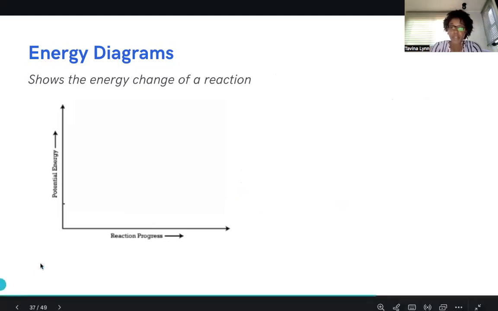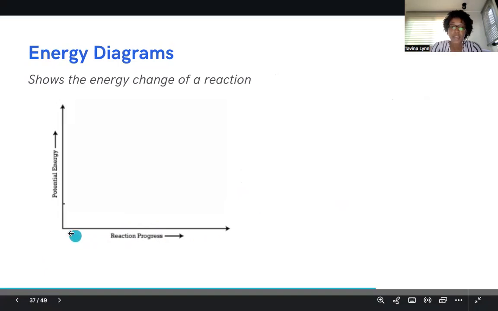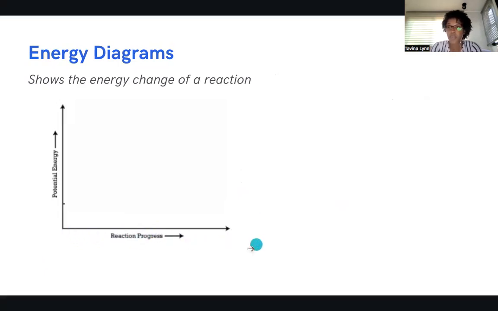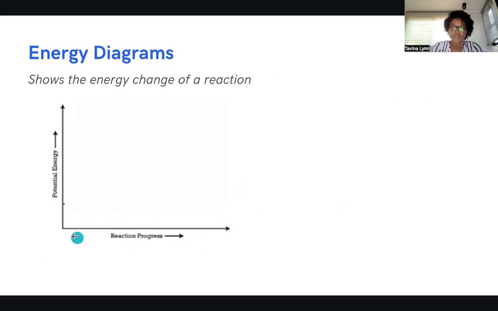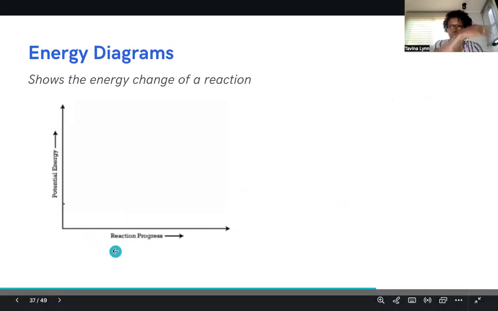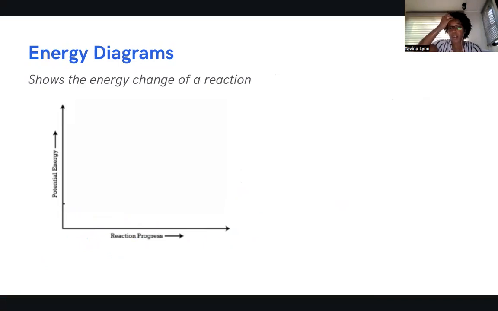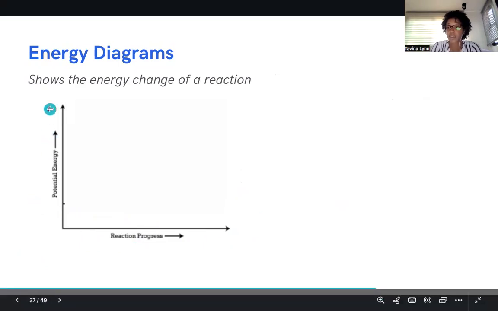The reaction progress is just coordinates for the reaction. It could be over time, or anything that basically tracks going from reactants to products. And over this reaction progress, we also plot the potential energy.